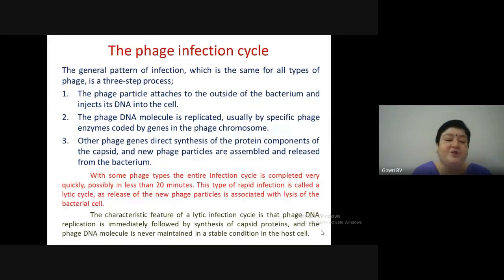With some phage types, the entire infection cycle is completed very quickly, possibly in less than 20 minutes. This type of rapid infection is called a lytic cycle, as the release of the new phage particles is associated with the lysis of the bacterial cell. The characteristic feature of a lytic infection cycle is that phage DNA replication is immediately followed by synthesis of capsid protein, and the phage DNA molecule is never maintained in a stable condition in the host cell.